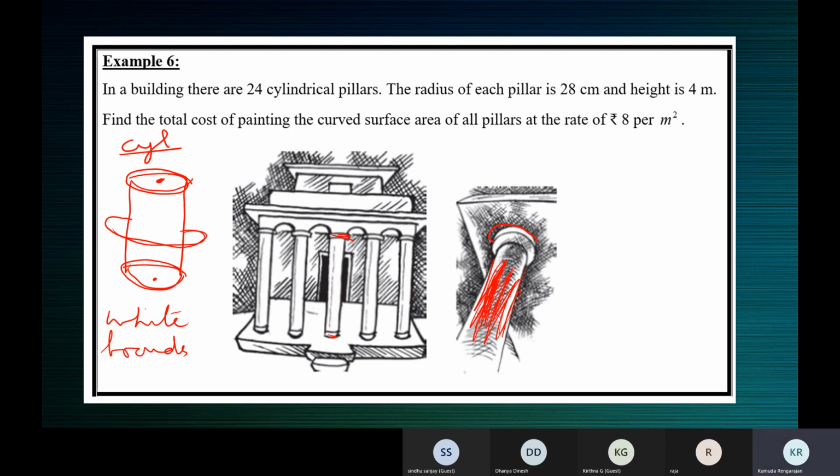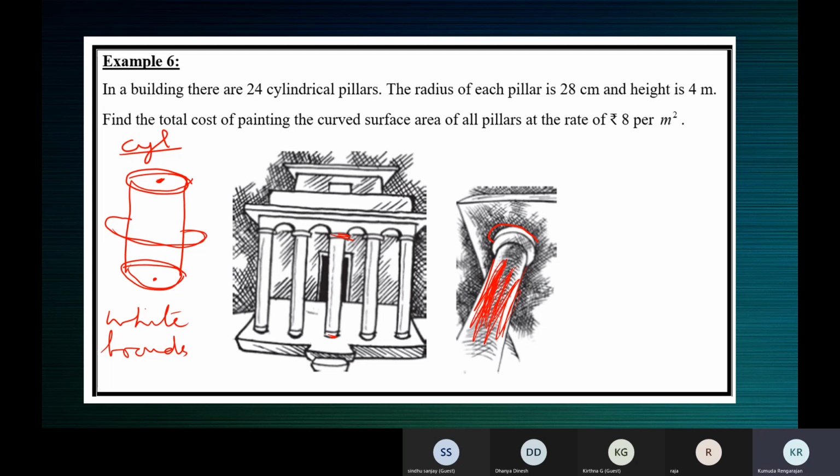You can paint all the area that is available in the cylinder in the case of a marker. No more areas are left to be painted. So you can paint the total surface area of the marker. Total surface area is the curved surface area, the area of the top and the area of the bottom.